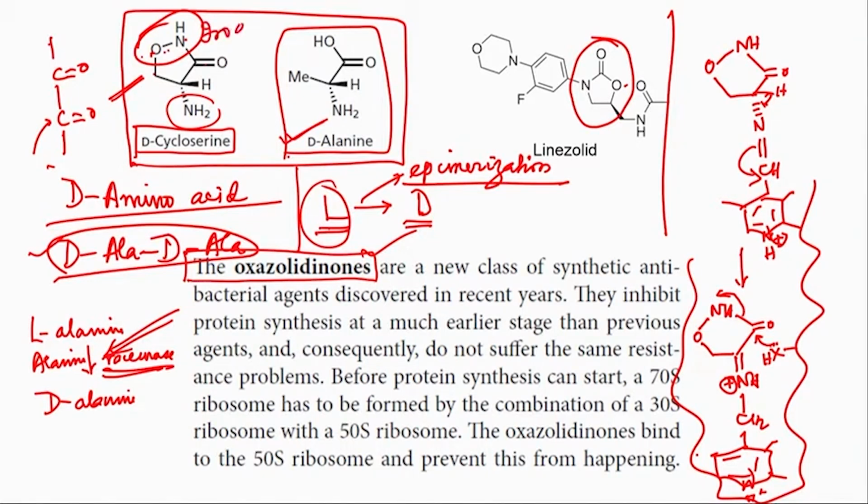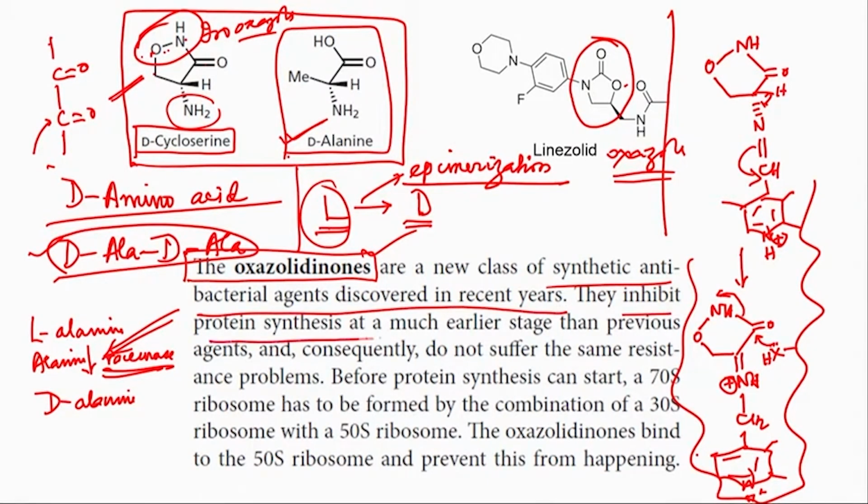Again I repeat, isoxazole, and this is oxazole, 1,3 is oxazole. Okay. So, this is oxazolidinone, because the double bond is not there. So, oxazolidinone, that functionality along with these attachments, can also be an antibacterial agent discovered in recent years.